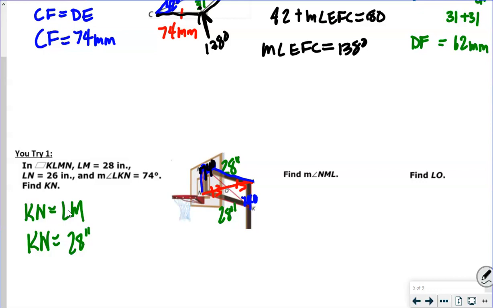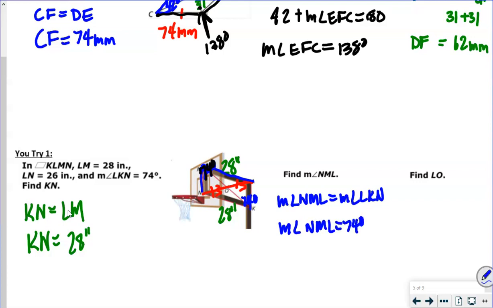So we know that the measure of angle NML is equal to the measure of angle LKN, right? LKN, and we were given that one. So the measure of angle NML is equal to 74 degrees.